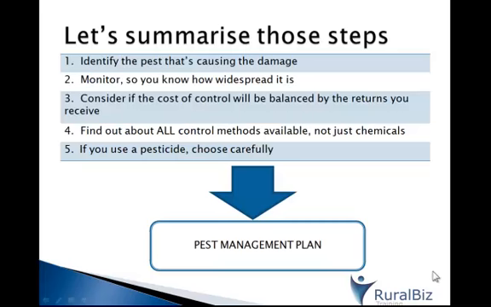Fourth, find out about all control methods available, not just chemicals. And finally, if you actually do decide to use a pesticide, choose it very carefully. Once you've got answers to all of these questions, you can then devise your own pest management plan to make sure you get the most effective and efficient control.